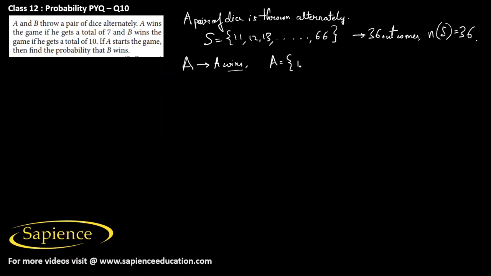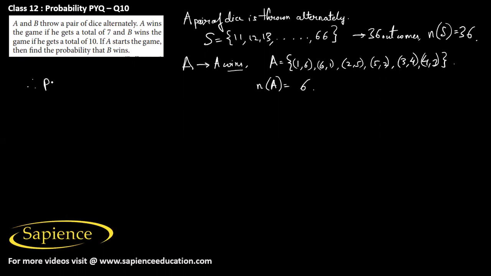So it would be like 1,6, and then it can be 6,1, or it can be 2,5, or it can be 5,2, it can be 3,4, or it can be 4,3. So these are the favorable outcomes. Therefore, the number of elements in the event A would be 6.